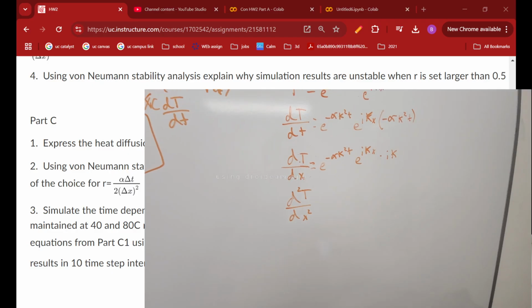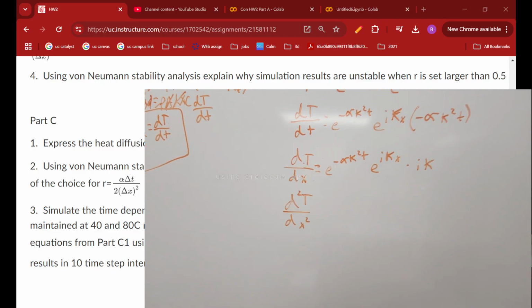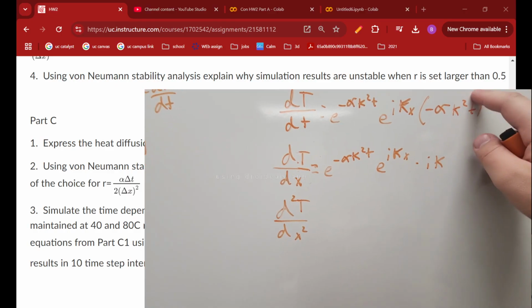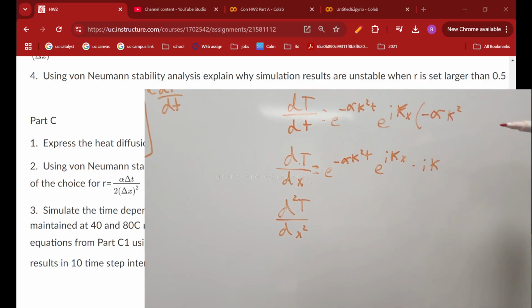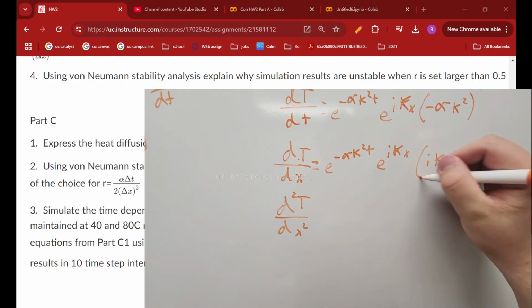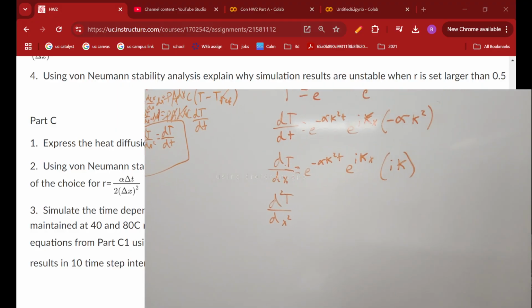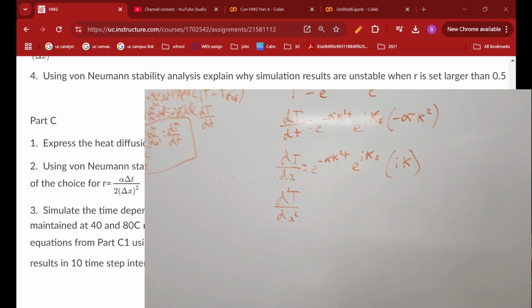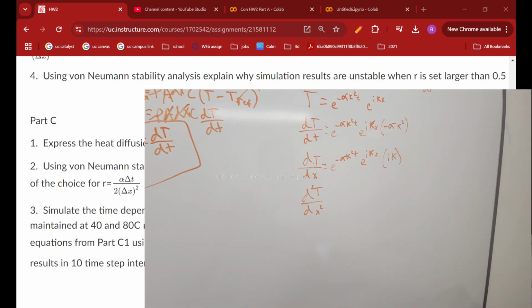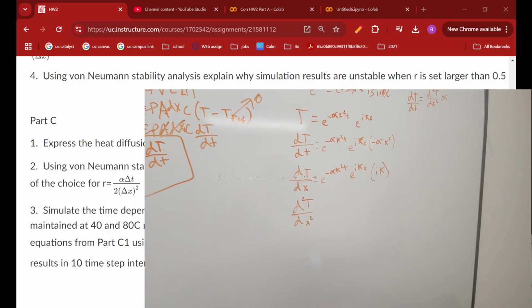I'm missing something. I'm doing something wrong. Multiply by x. I was right here. The constant would be pulled out front.